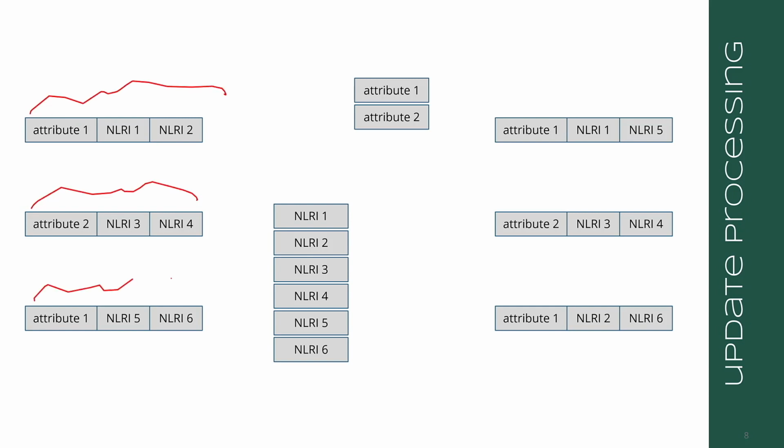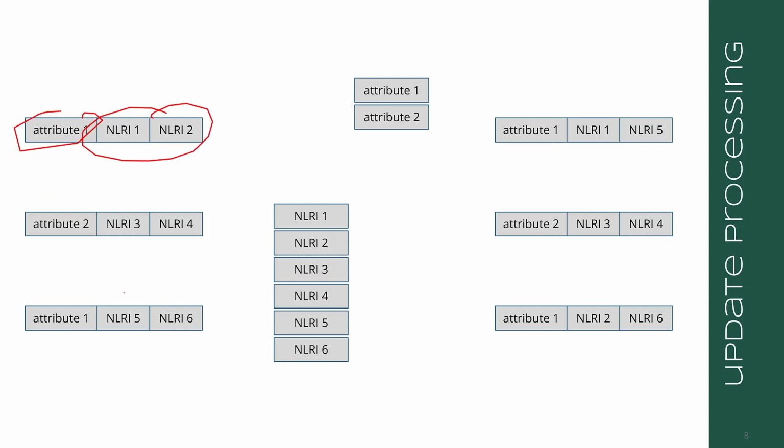I can have attribute 1 tied to NLRI 1 and 2 in this update, and attribute 2 tied to NLRI 5 and 6 in this update. So NLRI 1 plus attribute 1 is a route. NLRI 2 plus attribute 1 is a route. NLRI 3 plus attribute 2 is a route. I hope that makes sense.